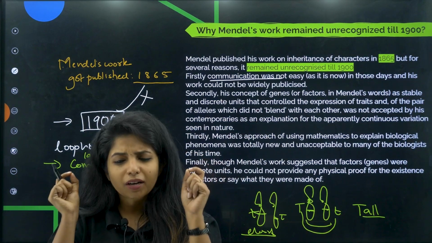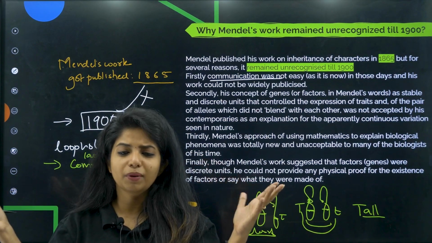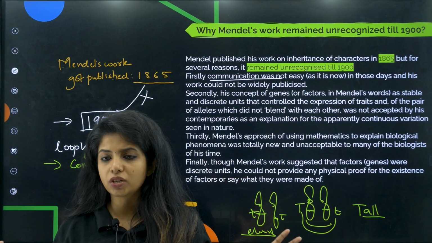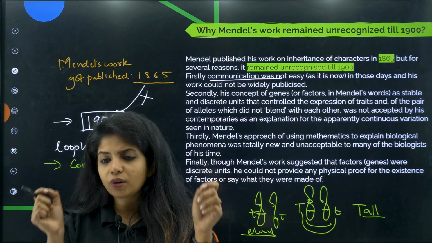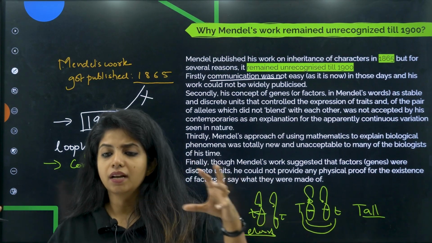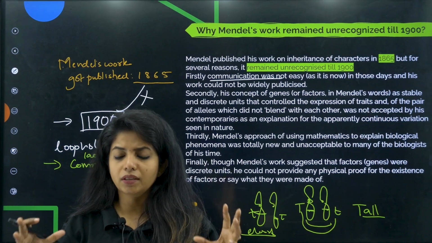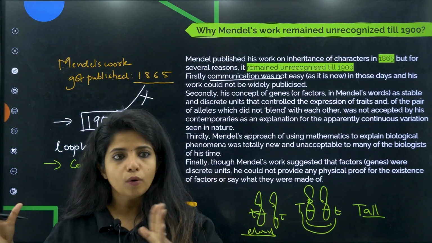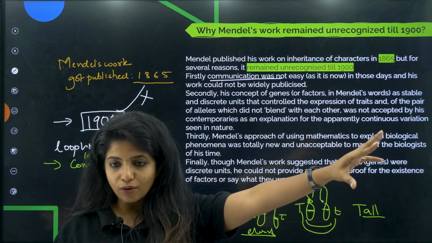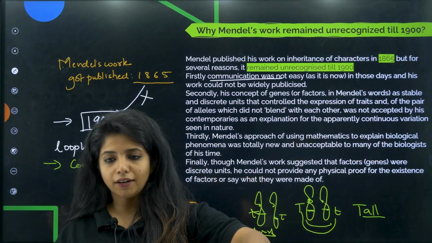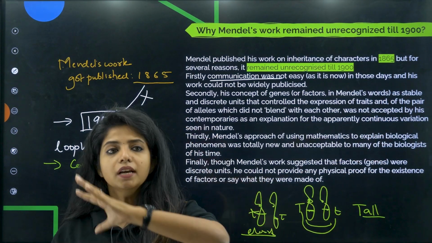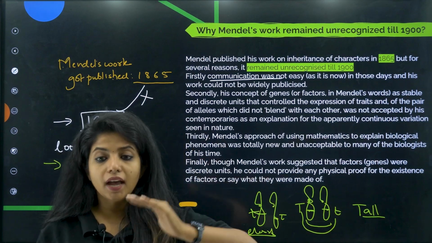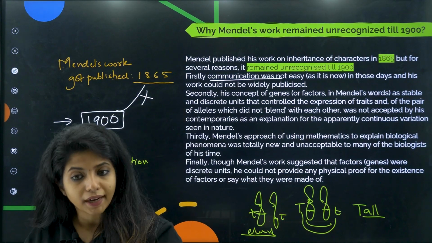So his concept that the chromosomes are not blending with each other, or that genes are just there on one chromosome, with no blending and no crossover happening, was not accepted, because people saw a variety of traits in a character. For example, height is a character, tall is a trait and dwarf is a trait. Similarly, you have middle-heighted ones also.